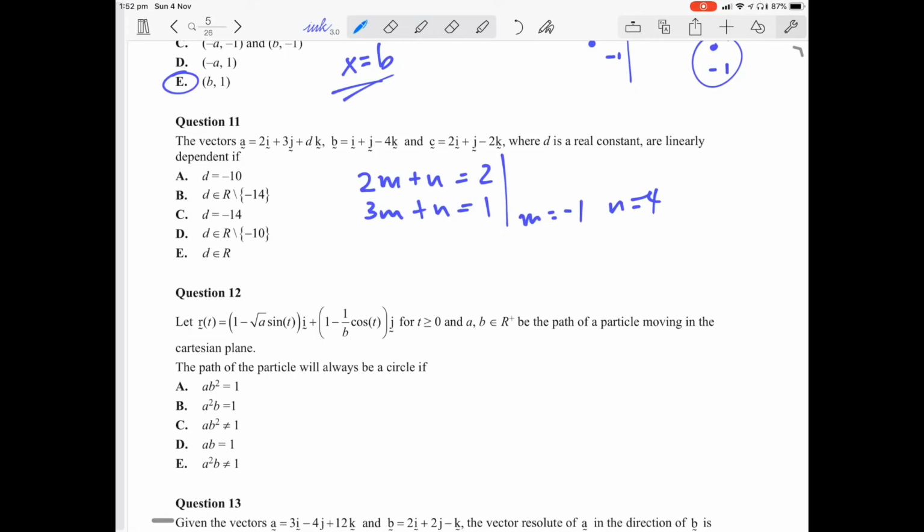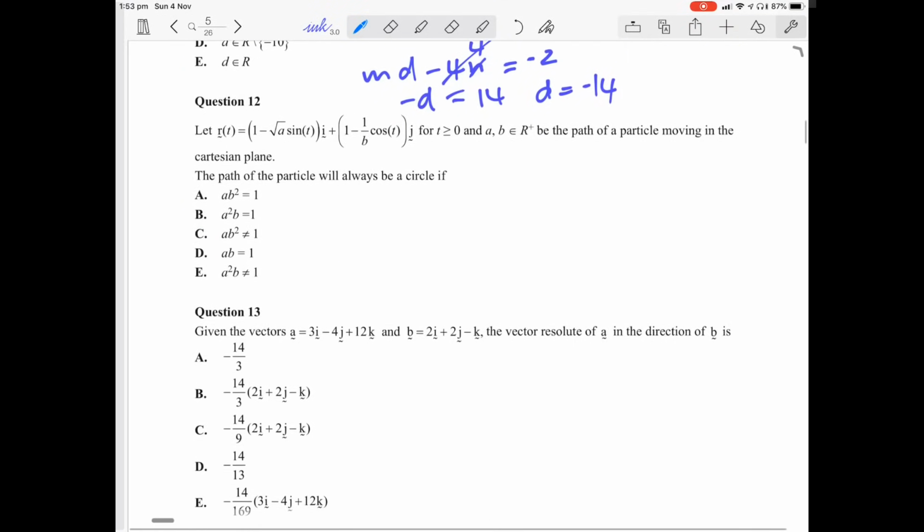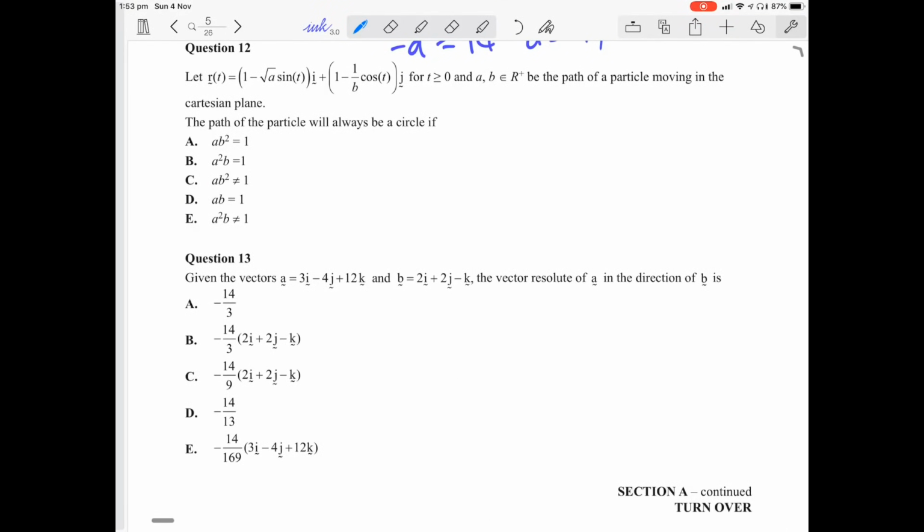So md minus 4n is equal to negative 2, but we know that n is 4, so that's 16, and we know that m is negative 1, so negative d equals 14. So d is equal to negative 14. So if d is equal to negative 14, they're linearly dependent. Okay, let's try and make up some time. This doesn't look any easier.